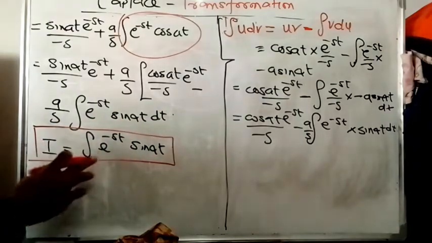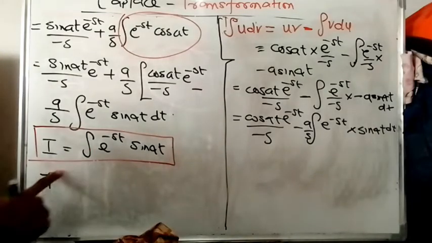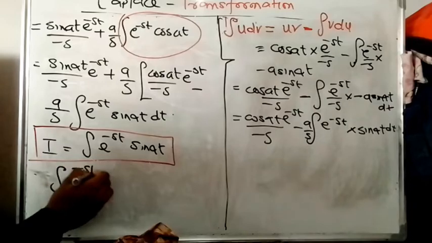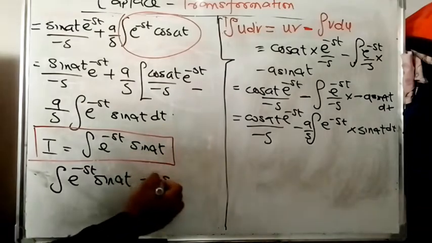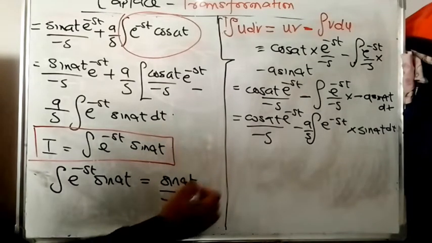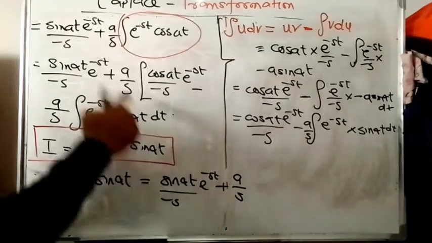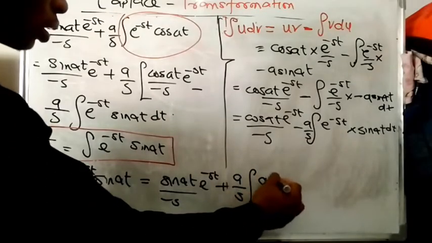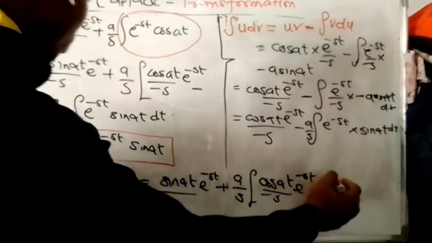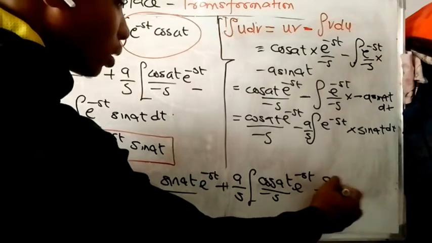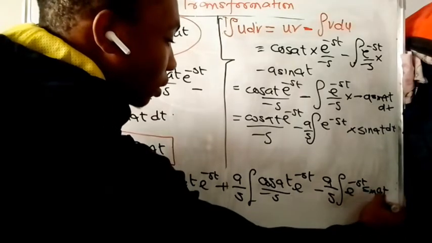So you see that when we integrate, in the second step we are having that same integration here. So basically we just say take I to be the integral of exponential minus st sine at. Since the initial integration, the integral of exponential minus st sine at, right, is equal to this: sine at divided by minus s exponential minus st plus a divided by s, open bracket cos at divided by minus s exponential minus st minus a divided by s integral exponential minus st sine at dt.